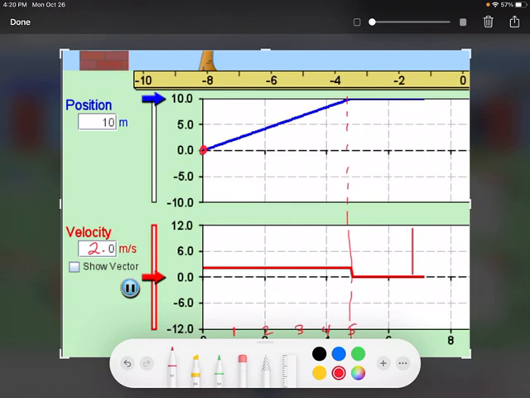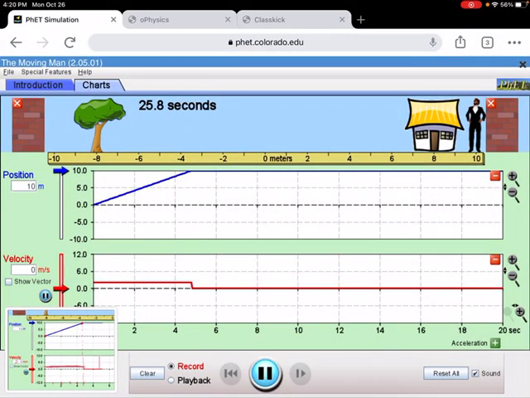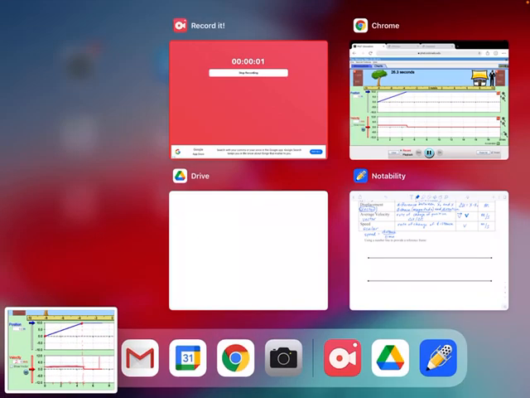So after 5 seconds, he had traveled from the origin to a position of 10 meters. During that time, look at his velocity graph. He traveled at 2 meters per second the entire time, and you can see that with this horizontal red line. We'll be coming back to these graphs multiple times.